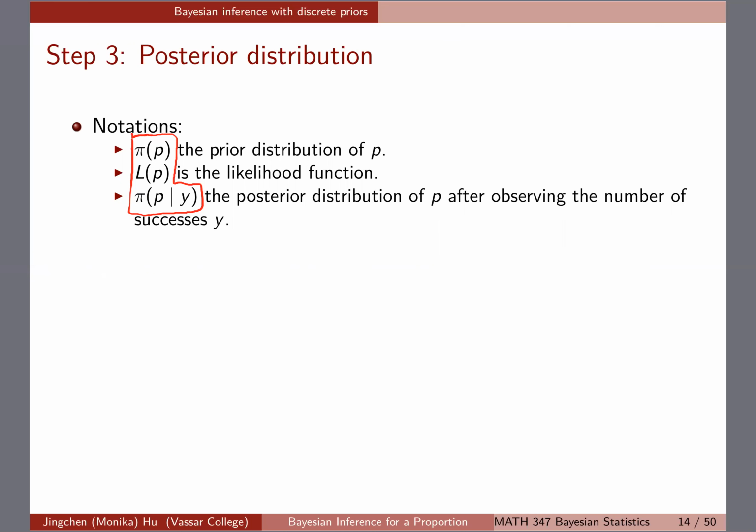Then from here, you go to pi(p given y), which is the posterior distribution of this unknown parameter given the data. Later, when we cover other models, we'll always keep using this notation, so you know whether we're dealing with the prior, the likelihood, or the posterior.